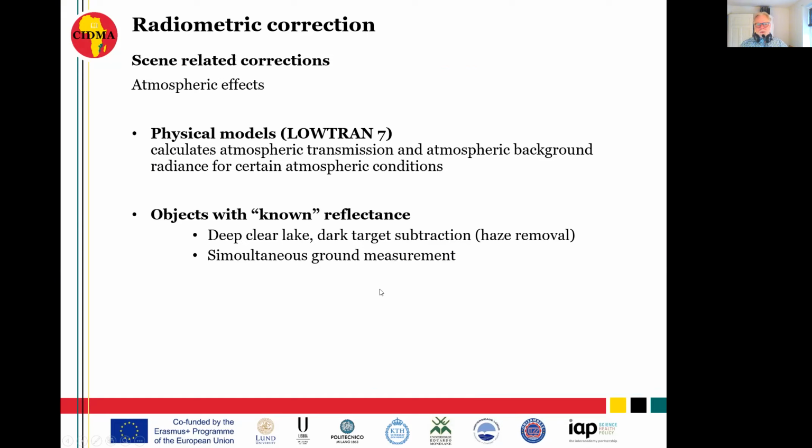I can, of course, also, if I have the possibility, measure the albedo or the reflectance at certain positions in my satellite data at the same time as the image is acquired, and see what is actually coming out or reflected on the ground, and then I can correct my satellite images based on this.